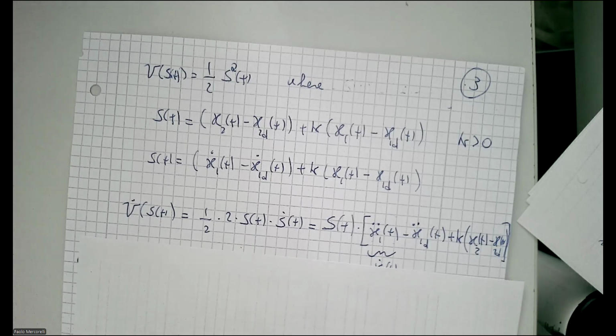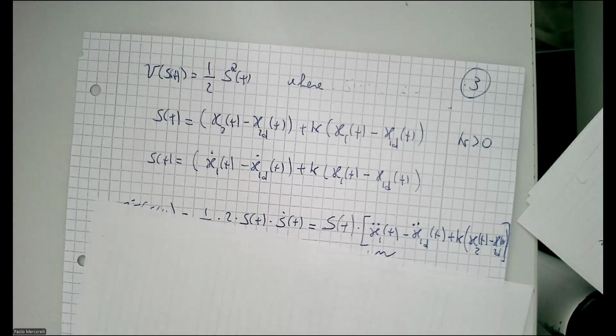Do you remember we saw this at the beginning? The error is going to 0. Now we will come back to the concept of n minus 1, because it depends on the relative degree.